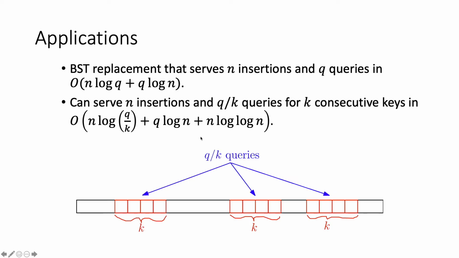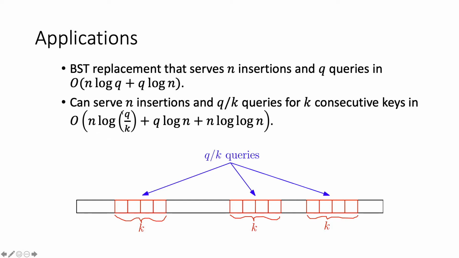Okay, and further, I described that this data structure is good for non-uniform access sequences. I'll give an explicit example here. If we're trying to serve n insertions and q over k queries, but the q over k queries are range queries, where we're looking for k consecutive keys, then I can do this in time n log q over k plus q log n plus n log n. This is interesting because for most of our applications, we're going to be using the data structure only if the number of queries is particularly small, in which case the dominating term is n log q.